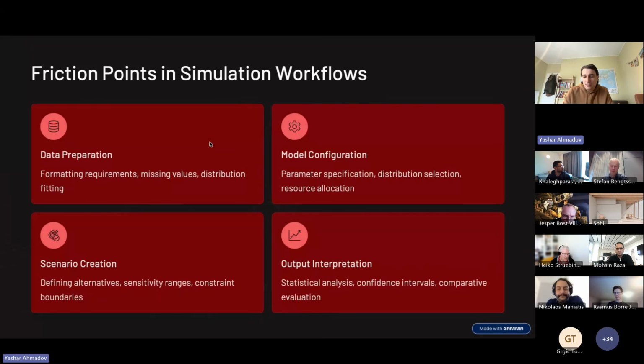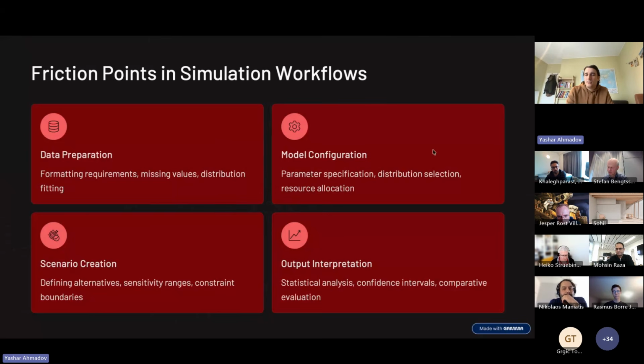And we know all these people pull data from ERP, from other software. It is often not in great shape, and it can be in different forms. Formatting requirements, missing values, distribution fitting, all these things can cause friction.